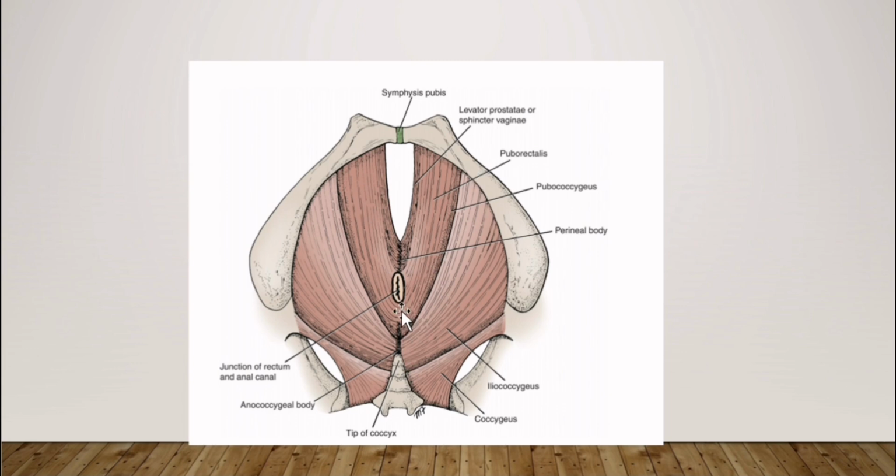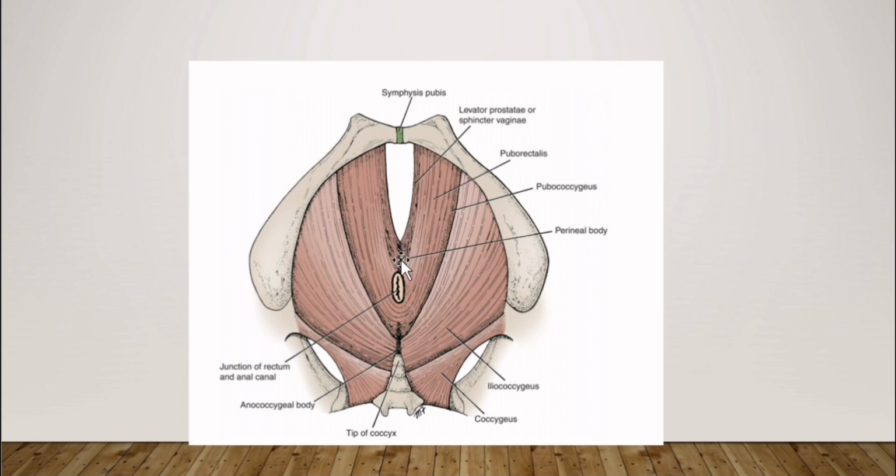It also prevents the weakening of the perineal body. Then we have the iliococcygeus here. It prevents weakening of the anococcygeal body. So these muscles unite to form the anococcygeal body.